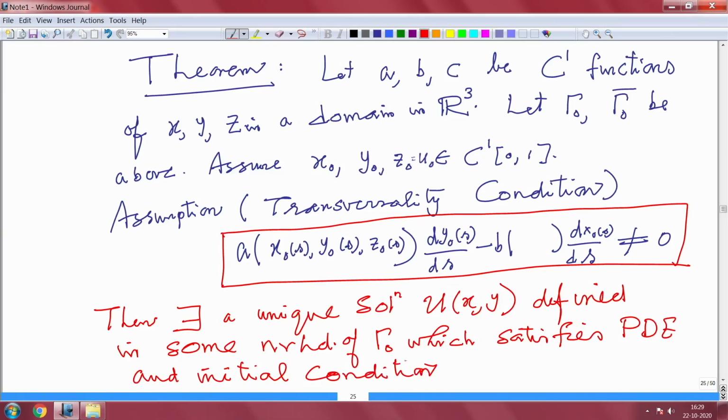So that is the theorem. So, what does this transversality condition mean? Go to the next page.